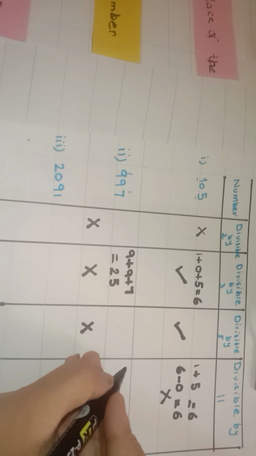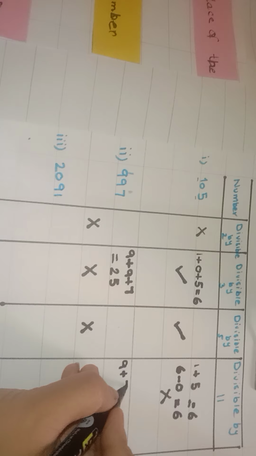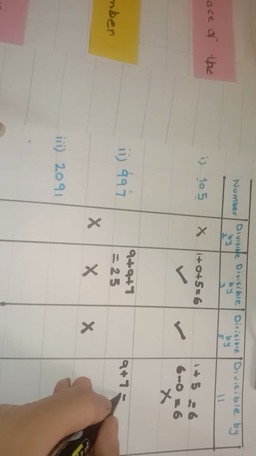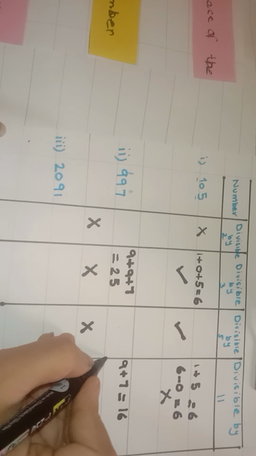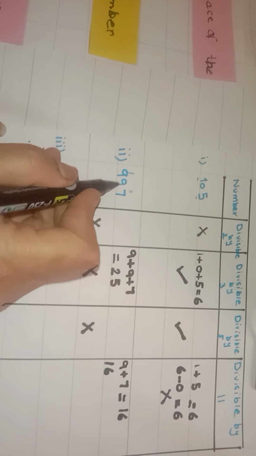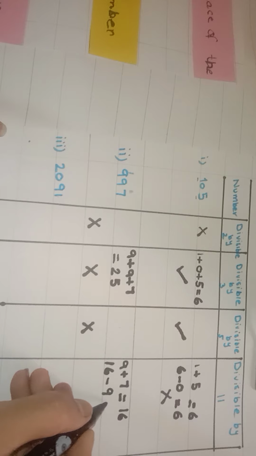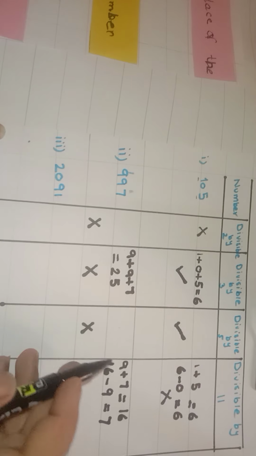So 9 plus 7 is equals to 16. Now 16 minus that 9. 16 minus 9 equals to 7.